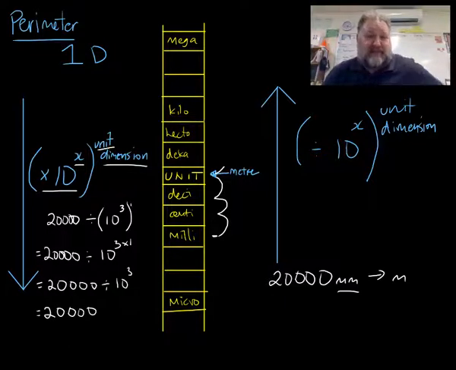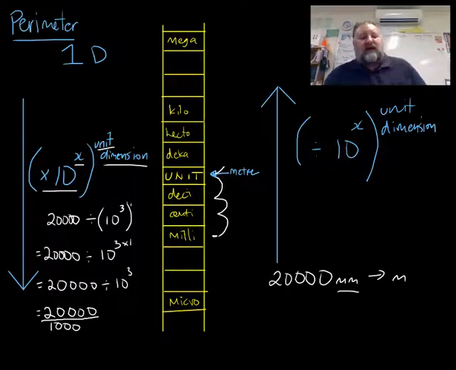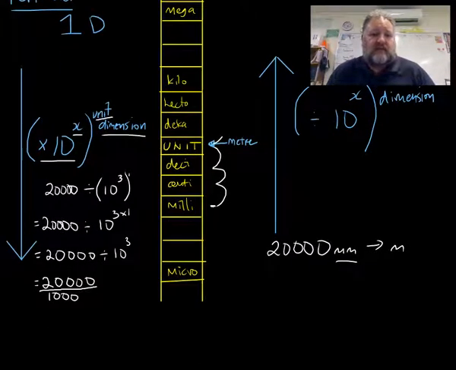Now, for the sake of convenience, I'm going to use a different way of showing this divide by. I'm going to put it there and divide this way. I find this is much easier, and as we get into higher maths, you'll stop using divide by signs entirely, basically. So I can then do some cancelling out of zeros, cancel out that 0 and that 0, and I am left with 20.